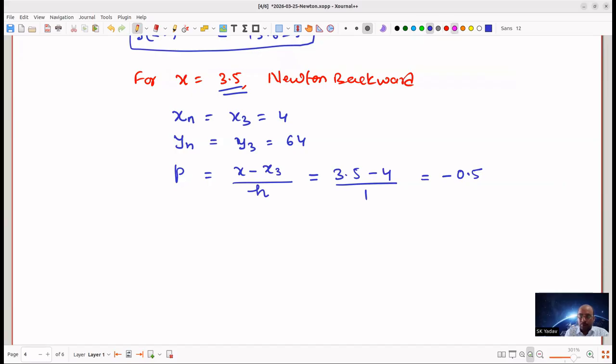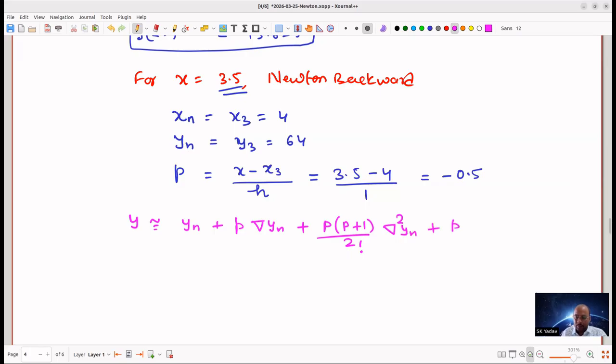Now let us write the formula, which is Newton's backward formula. So y is approximated as yn plus p, and backward operator of yn, plus p into p plus 1 divided by 2 factorial into the second backward difference.